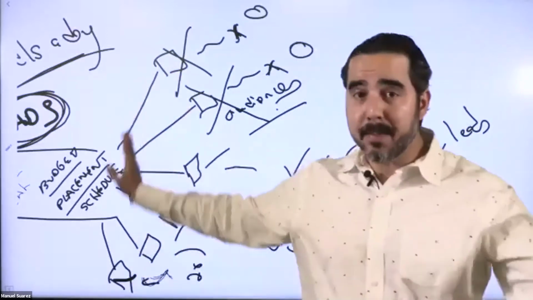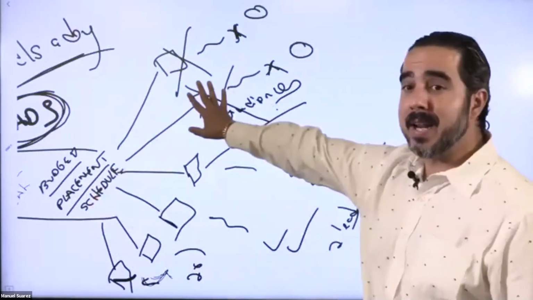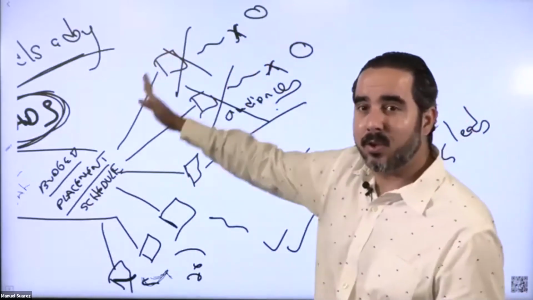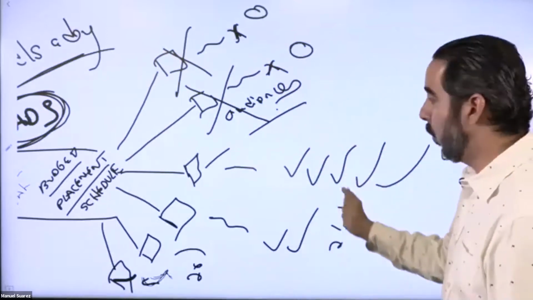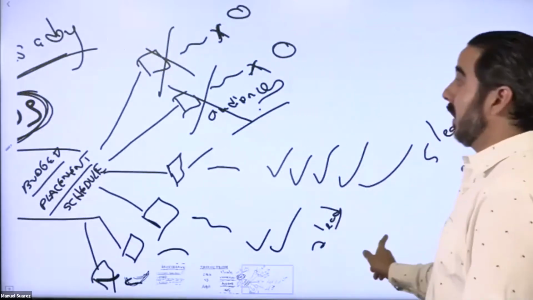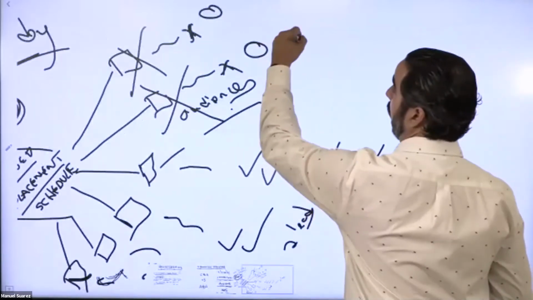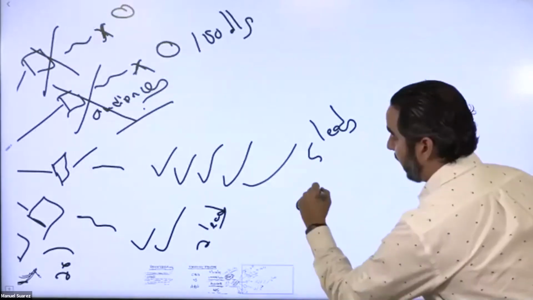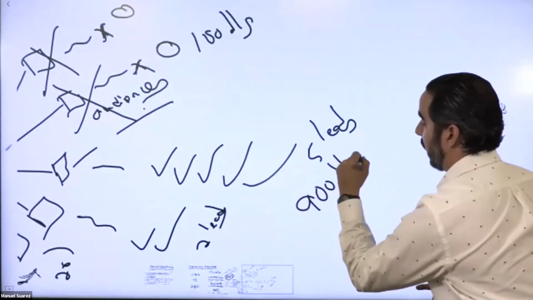Automatically, while you're sleeping, all right, they stop spending the money. And instead of spending the money on a loser, they start redirecting the money to the winners. So if you have $1,000 a day, maybe these ones spend $100 a day, the losers, and the winners start spending $900 a day.